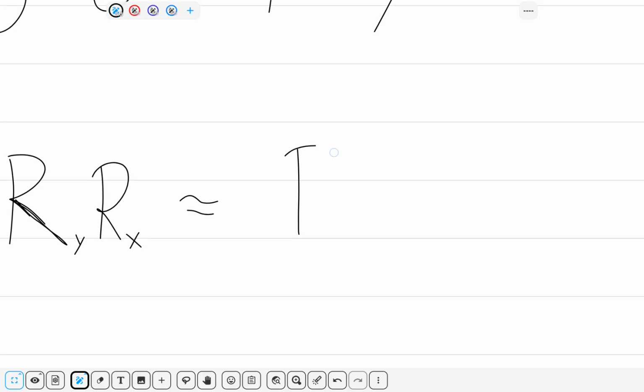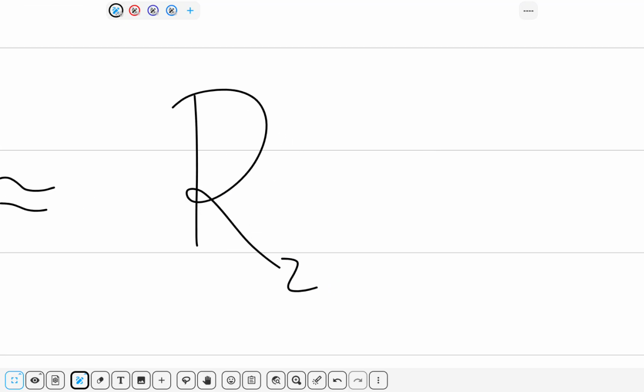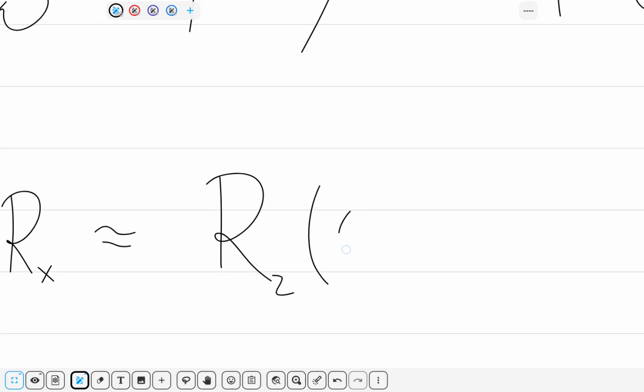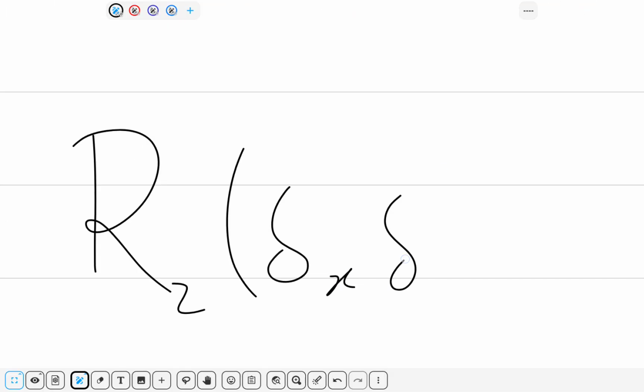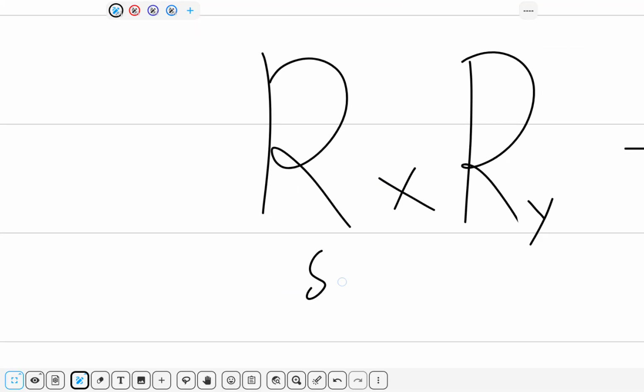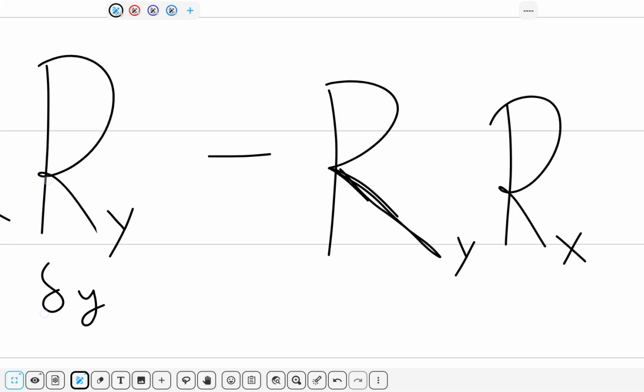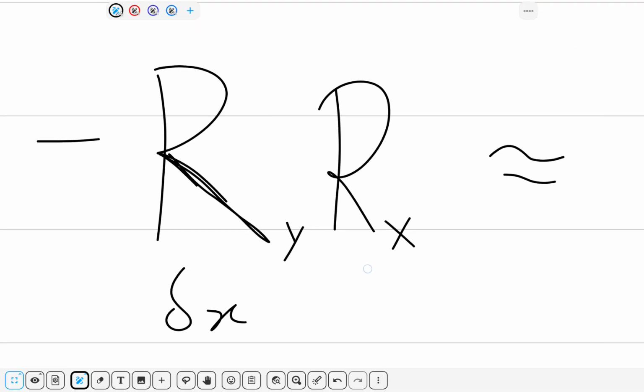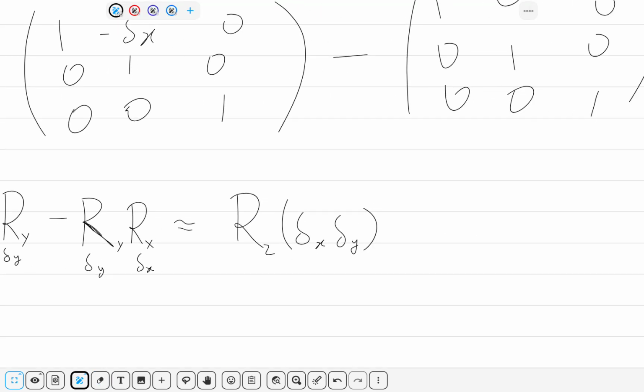this is approximately equal, for small angles, to doing a rotation of the product of the angles. So basically you did a small angle of x and a small angle of y. This is approximately equal to doing this.